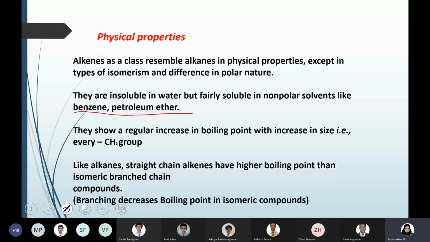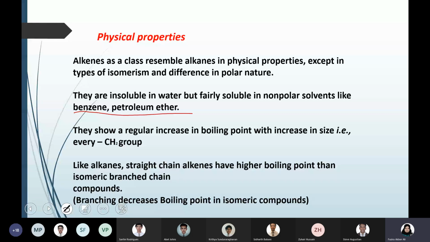The properties are almost like alkanes, except for the additional isomerism and a slight difference in polar nature, but that does not make much difference in melting point, boiling point, or solubility.